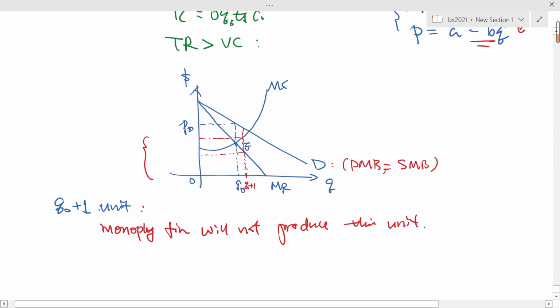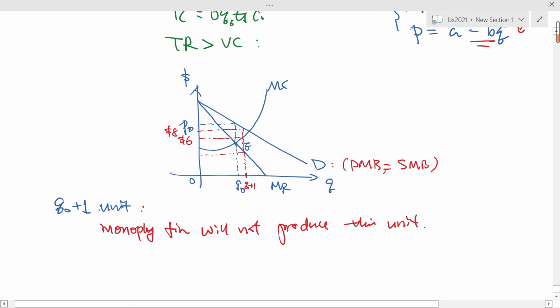How will society value this unit? Go from this unit up to the demand curve, which gives the marginal benefit to society for this QO plus 1 unit of output. And we can see that, suppose this is $8, and the extra cost to society is $6.